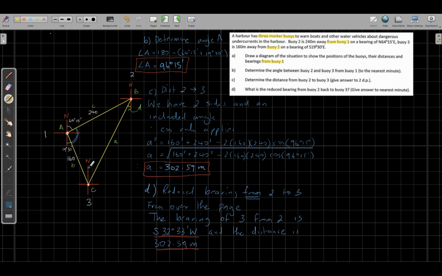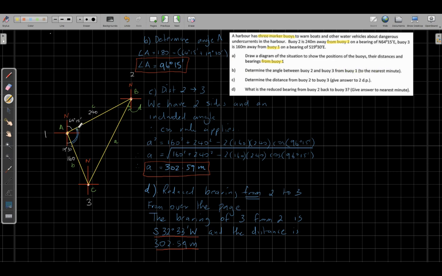So for buoy 3, I drew in some more compass arms. And then I reconnected to make a triangle, because this is trigonometry and we're dealing with triangles at the moment, okay? And then I drew in 240, 64°15', 19°30', 160. Then the question: determine the angle between buoy 2 and buoy 3 from buoy 1 to the nearest minute.